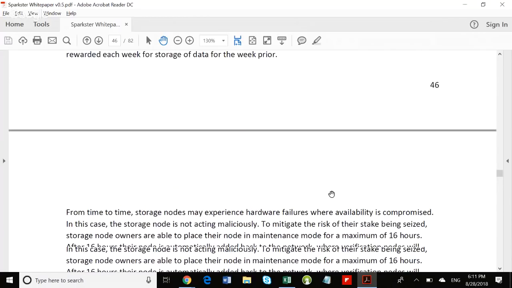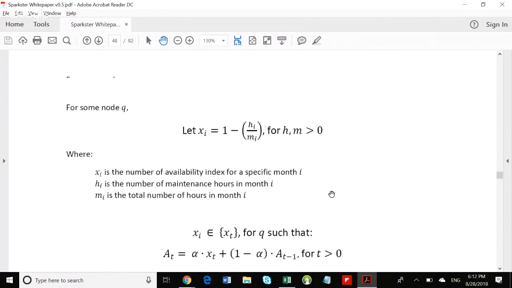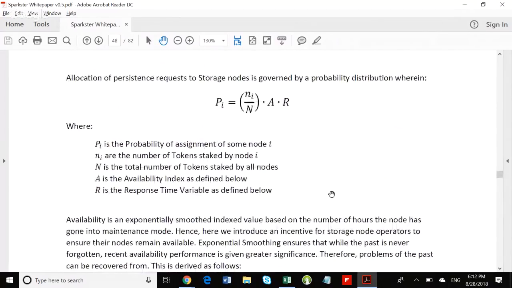And if we move on, the mathematics gets more sophisticated because we're looking at things like response time and availability, especially if you're a storage node, right? So it's not just number of tokens, but we're also looking at how available your node is. What's your uptime like? A node that comes and goes a lot is going to have a lower likelihood of being assigned a transaction than one that's there all the time and is always available.